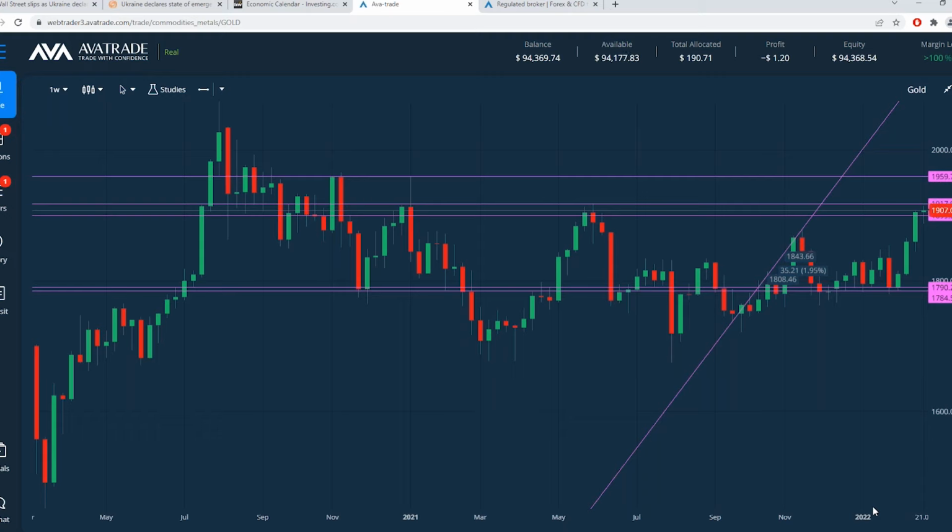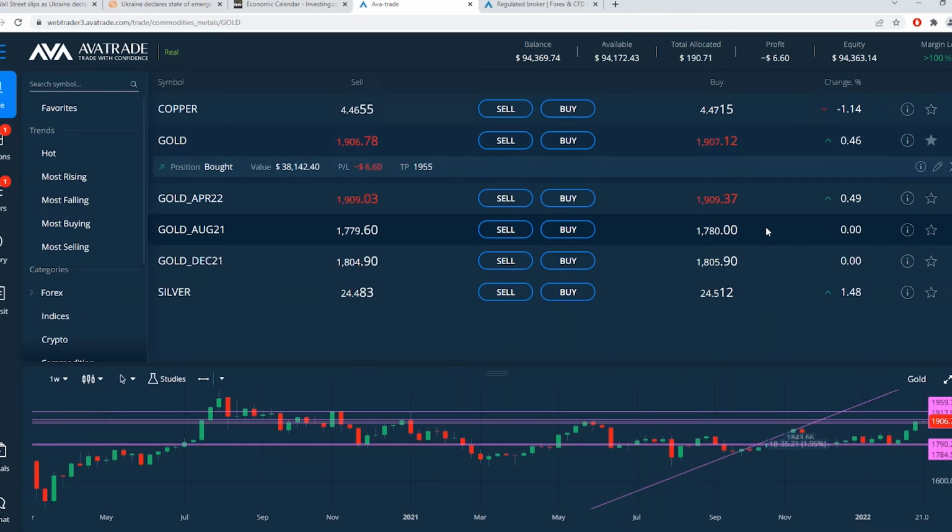And if I'm wrong, my risk is capped at a small percent of my balance. With that premium cost, my risk is capped for that protected time period. And then I have to manage the trade if the protection ends after that. I could add a stop loss or something like that. So just some different ideas with what's going on fundamentally, how you can use these tools within the web trader.